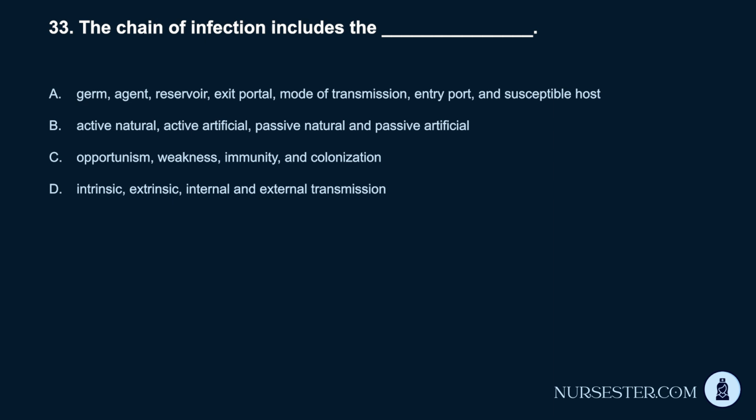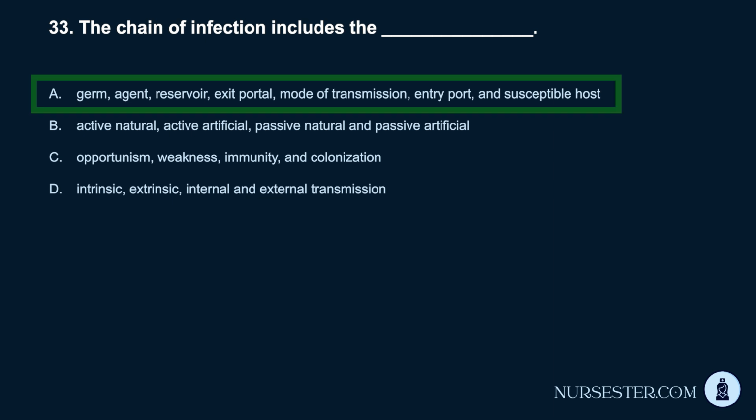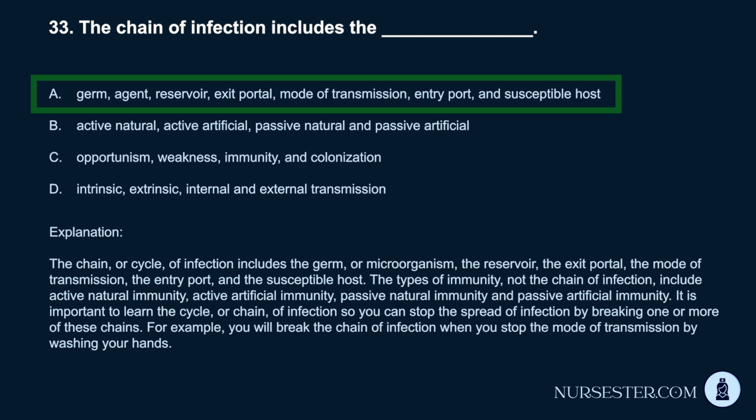D. Intrinsic, extrinsic, internal and external transmission. Correct answer: A. The chain, or cycle, of infection includes the germ, or microorganism, the reservoir, the exit portal, the mode of transmission, the entry port, and the susceptible host.